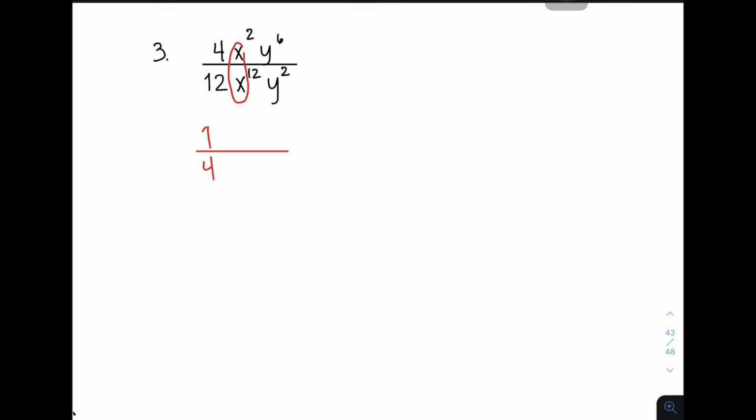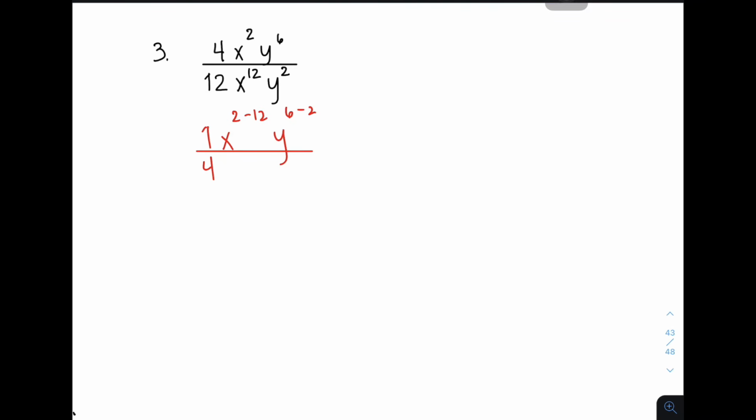And for the variable x, copy your base and subtract exponents, 2 minus 12. And for the variable y, copy your base y and subtract exponents, 6 and 2.